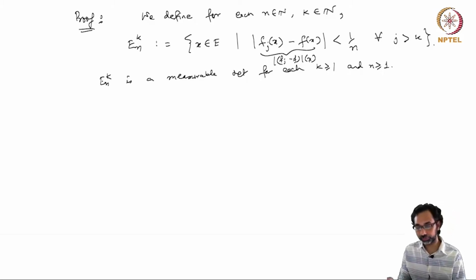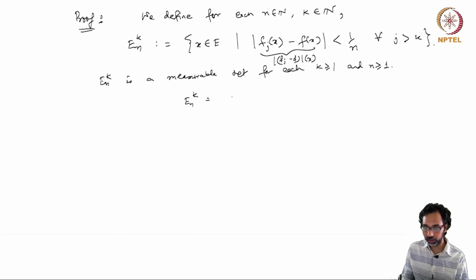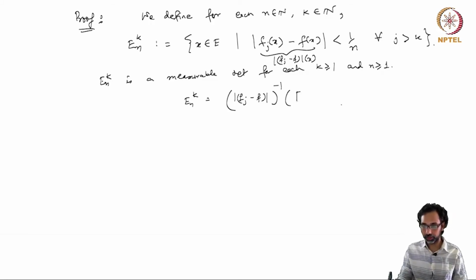So we are taking the inverse image. E_{n,k} is the inverse image of the function modulus of f_j minus f of the interval 0 to 1 by n, which is open at 1 by n.